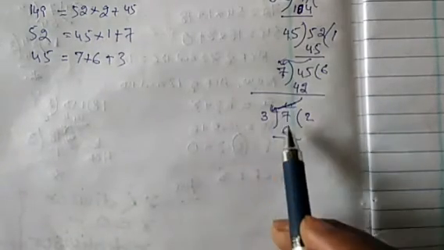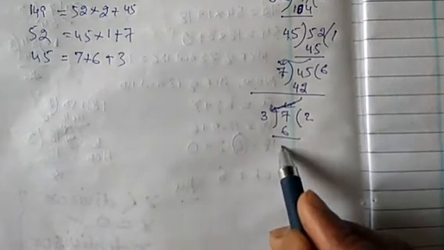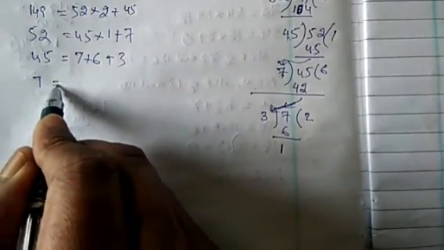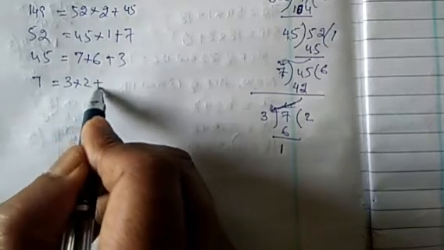I'll shift the page this side so that it will be visible for you. Now with 7 again I'll divide: 3 2s are 6, remainder I got is 1. So 7 is equal to 3 into 2 plus 1.